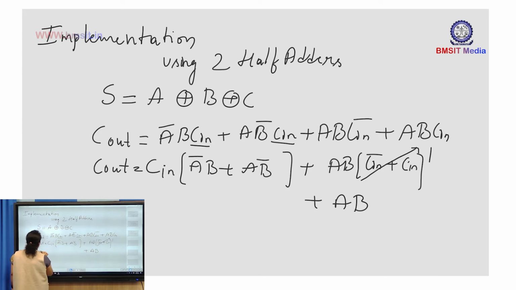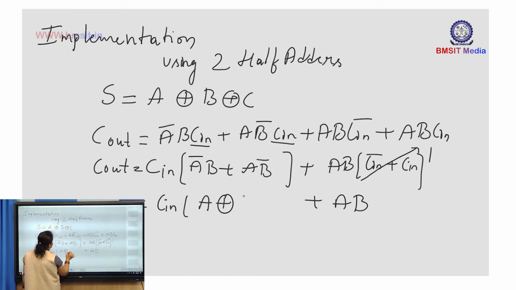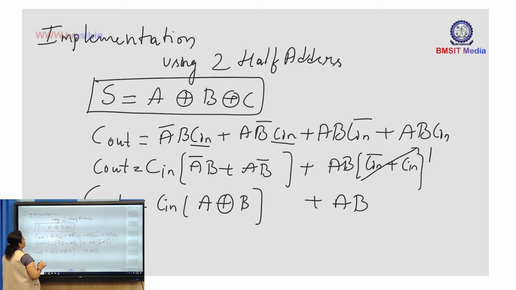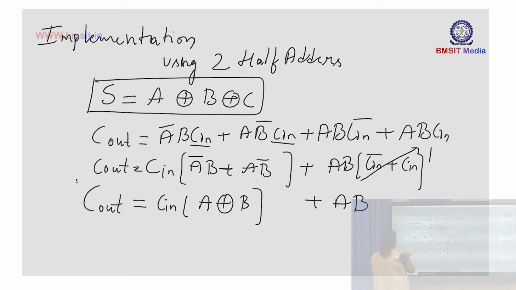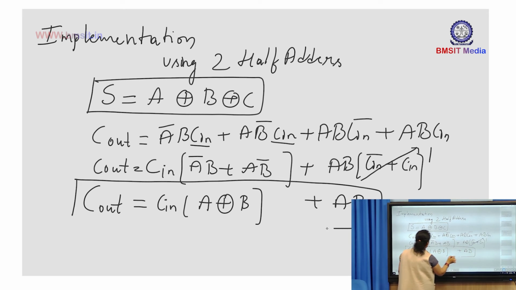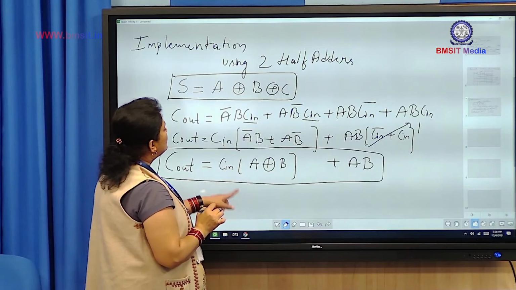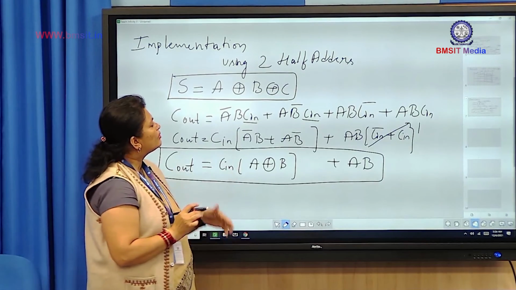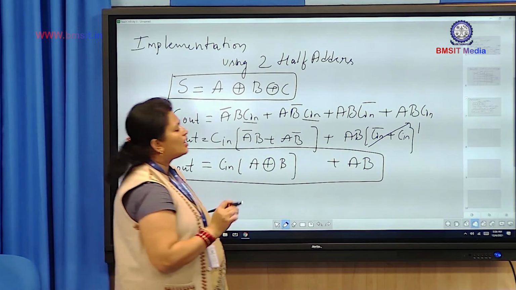Here we have C out is equal to C in into what is this? A bar B plus A B bar. It is nothing but A XOR of B. So this is our C out expression which can be used for this implementation. So just make a note of it. S is equal to A XOR of B XOR of C, and C out is equal to AB plus C in into A XOR of B. Now using these two, we are going to implement full adder using 2 half adders.